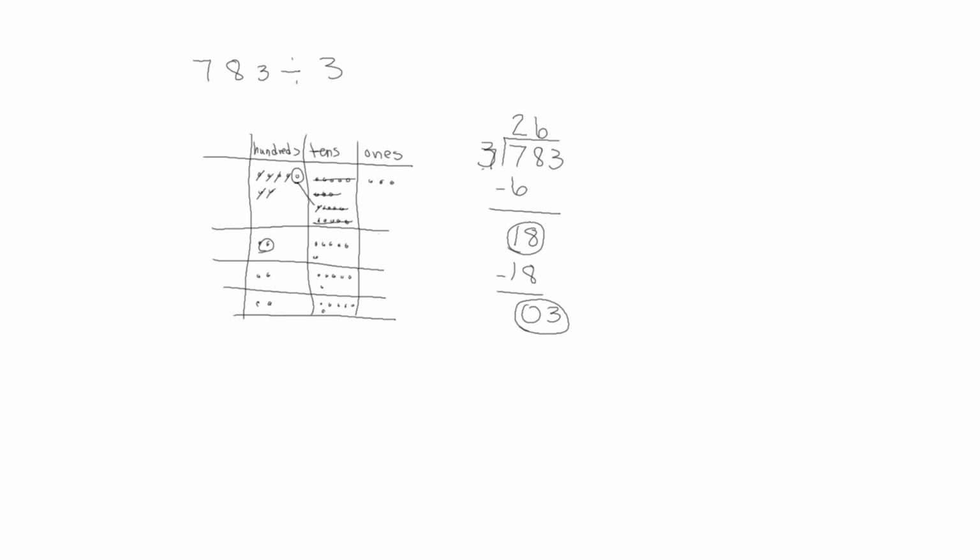And with 3 ones, I can put 1 in each group, which will use all of them. I'll also record that here. I put 1 in each group. 1, 3 times is 3 ones, and I'm left with no remainder. So everything that I've done in my place value chart, I can record in my standard algorithm.